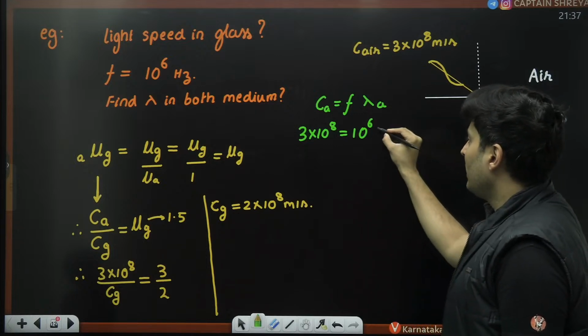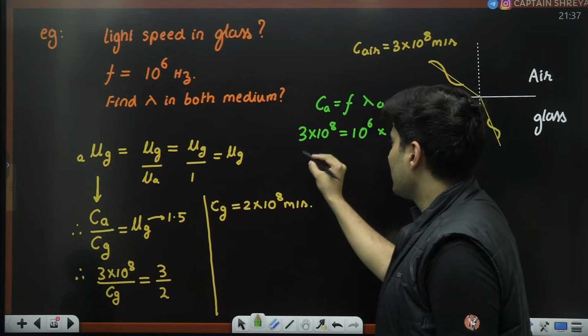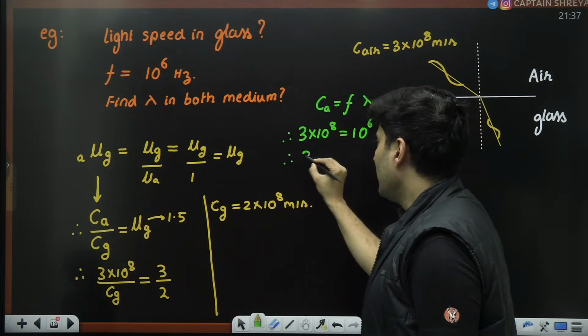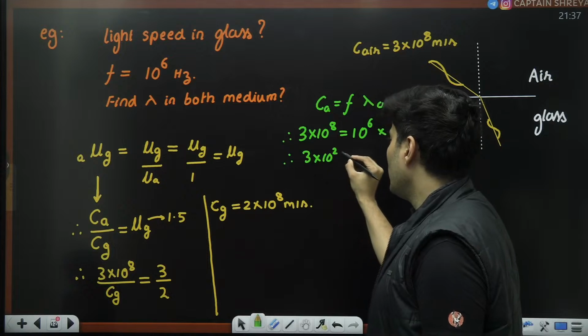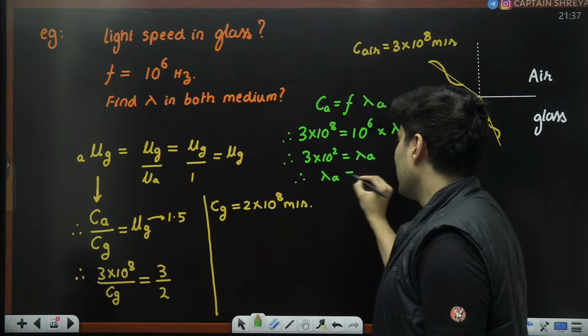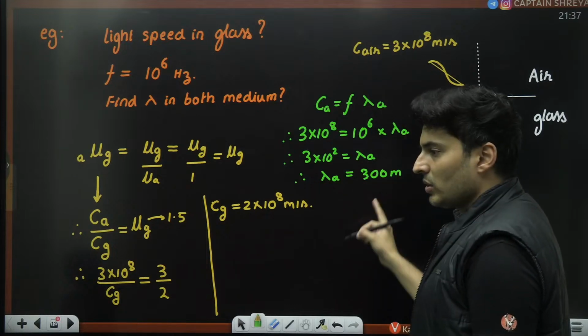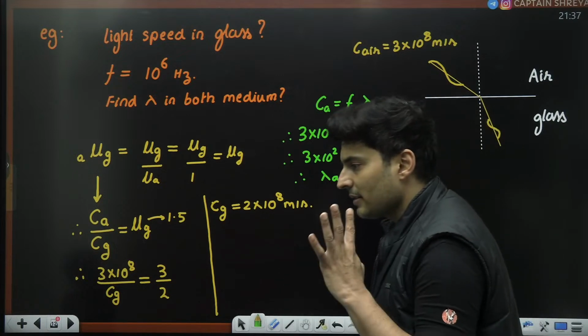Wavelength is what I do not know. So 10 to the power 6 cancels with 10 to the power 8, and you will be left with 3 into 10 to the power 2 as lambda a. Therefore, the wavelength of light in air is 300 meters. So 300 meters is the answer.